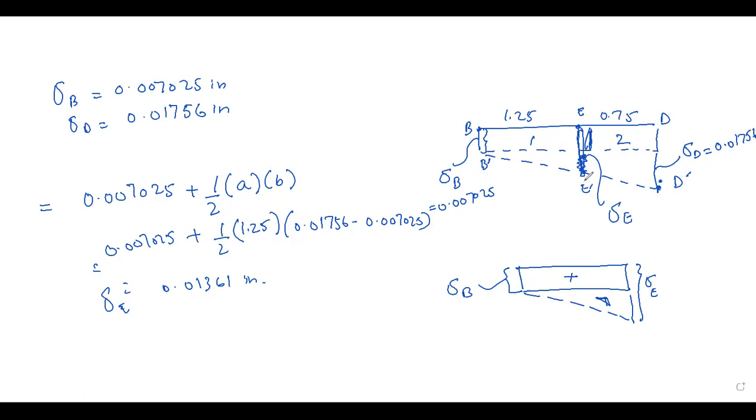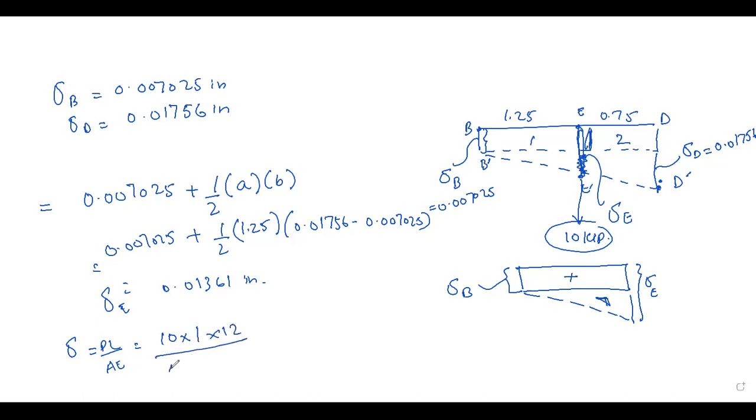But if you remember, there is a load of 10 kip. So we have to determine the deflection due to this load, which is deflection due to load equals PL over AE. So we have P is 10. Length was given, I'll show you, which is 1 foot, 1 multiplied by 12 in inches.